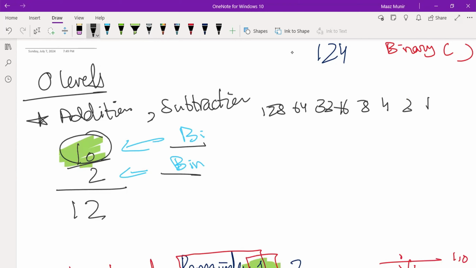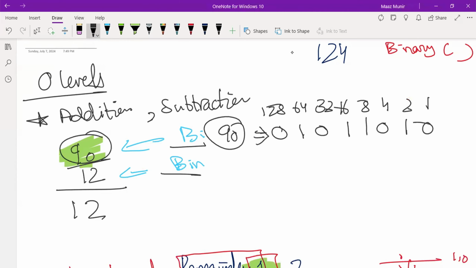Let's take a bigger number, 90. So 90 would be 1, and then not 32, because 64 plus 32 is 96, which is bigger than 90. So we put 0 up here, 16 up here, which comes to 80, 88, and then 90 and 0. This represents the value 90 in binary.